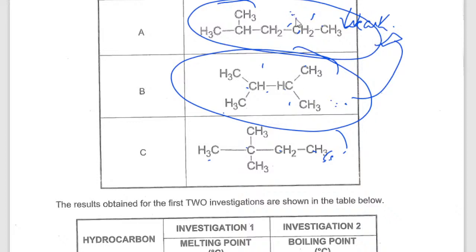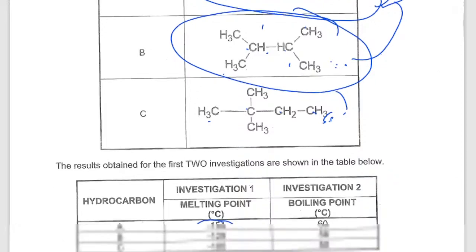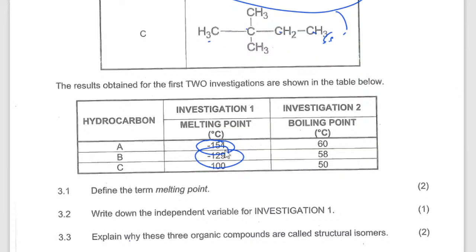Since this one is less spherical, it means weak intermolecular forces of attraction; more spherical means strong intermolecular forces of attraction. Less boiling point, more boiling point. That's why you see it like that. This is more negative, and this is more positive.